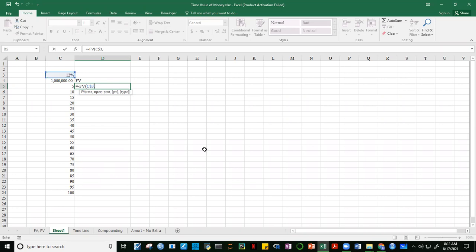Okay, and then comma, NPER. This is our NPER, no? 5, 10, 15, 20, 25, etc. Okay, comma. PMT, it's not an annuity, so ignore that. Present value is 1 million. And then I'm also going to fix row 4 kasi ikakopy ko siya pababa.